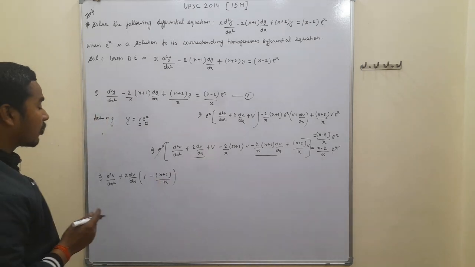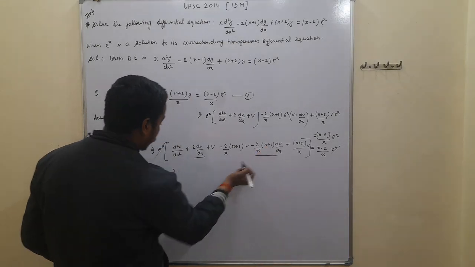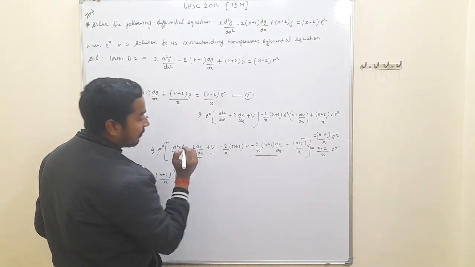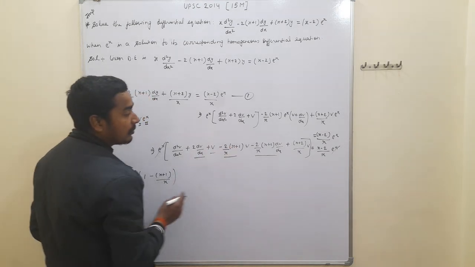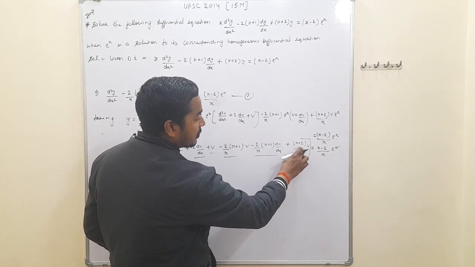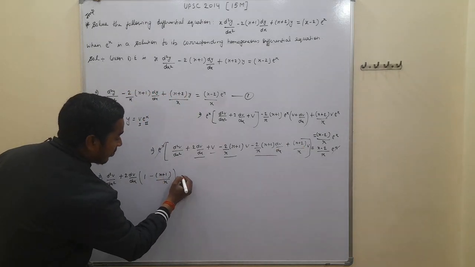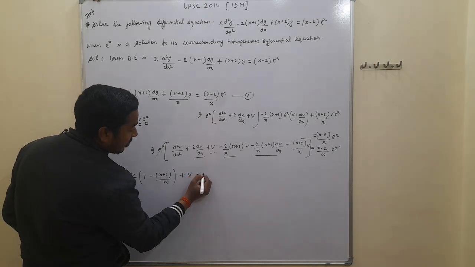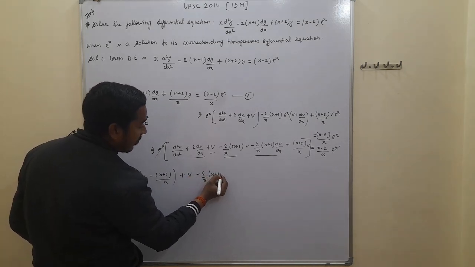We have to take common 2 dv/dx, then remaining is minus (x + 1)/x, and further we have to take plus v and minus 2/x into (x + 1) into v, and plus (x + 2)/x into v in one bracket. This is given by once again plus v and minus 2/x, (x + 1).